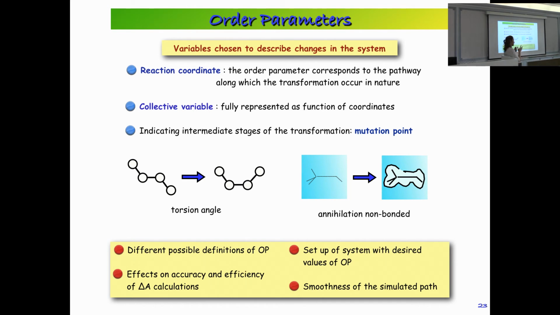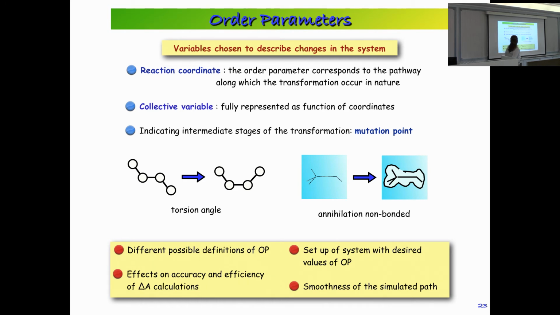So you define slow modes and fast modes. The fast modes, you assume, are sampled completely along your MD, so you don't have problems in sampling them. If you miss some of the important modes or the important collective variables, obviously you will find results that are not correct or not accurate enough.